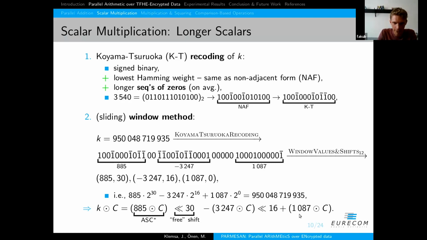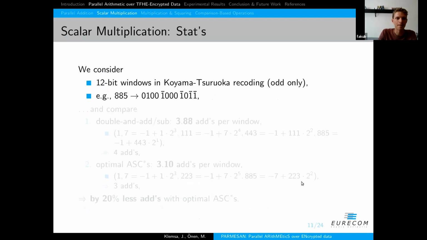We do it here, here, and here. We can do this in parallel, and then we just apply these 3 shifts by the appropriate number of bits, and then we add these intermediate values together or subtract. And that's how we implement scalar multiplication in Parmesan. Here I give some statistics.